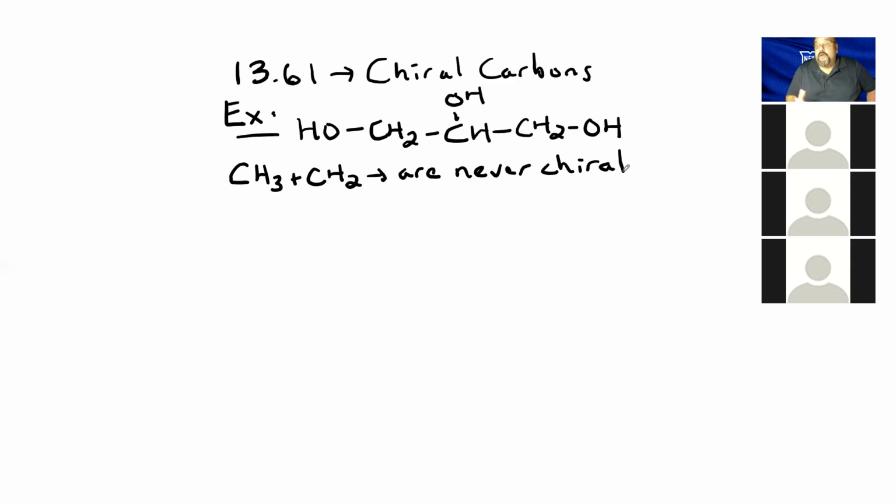So you can't have 4 different atoms or groups attached to you. In the example here, the CH2 carbon to the left and the CH2 carbon to the right we can eliminate very quickly because those 2 carbons cannot be chiral.